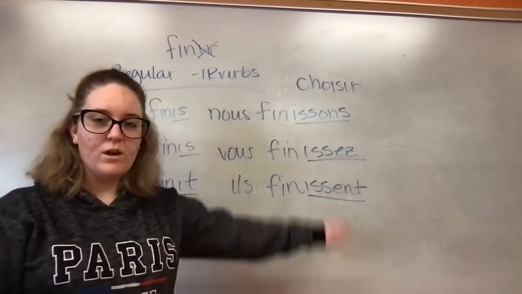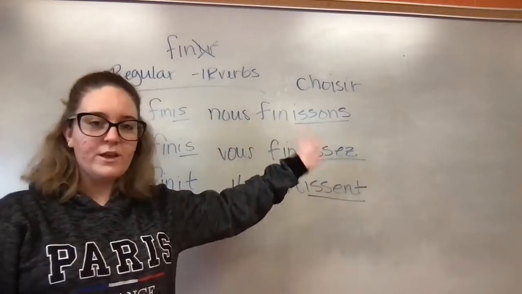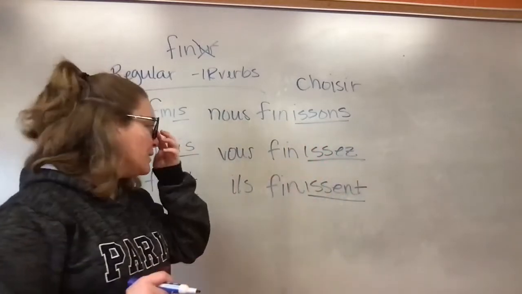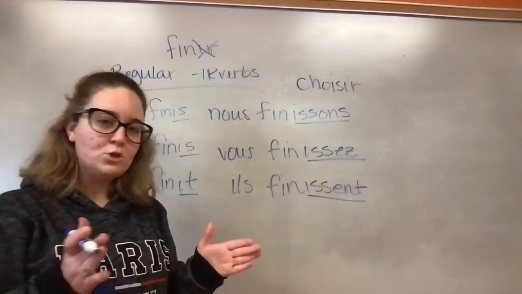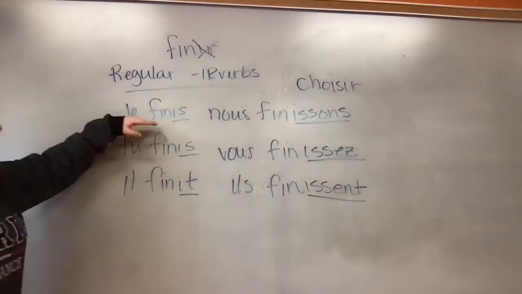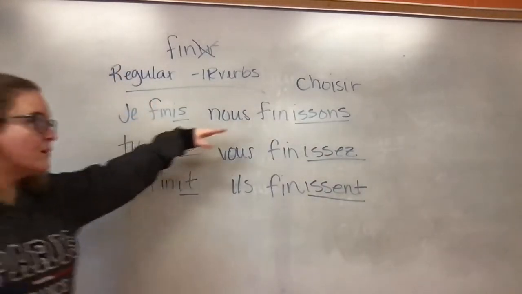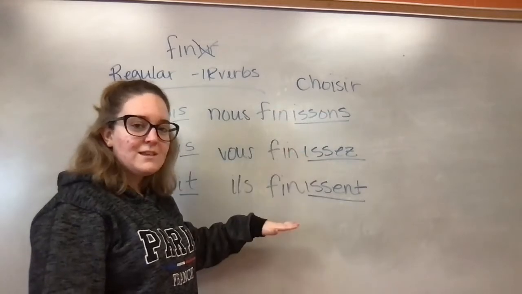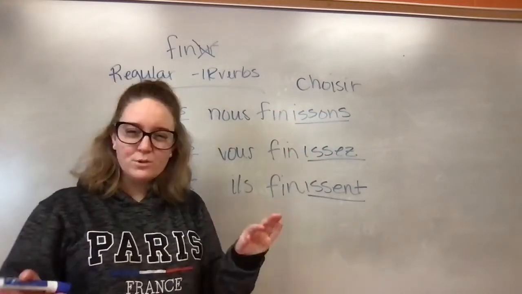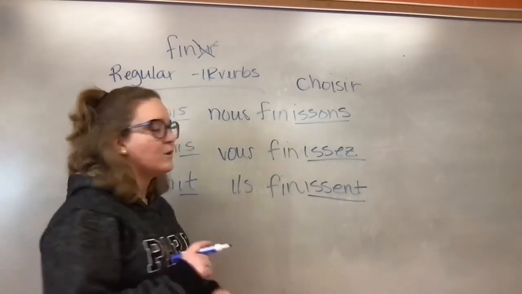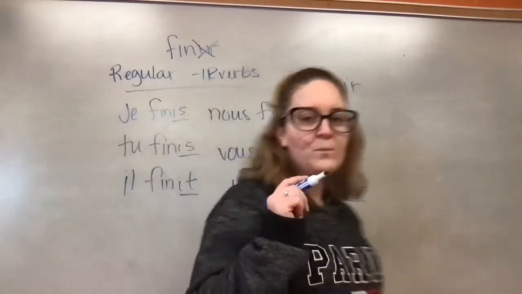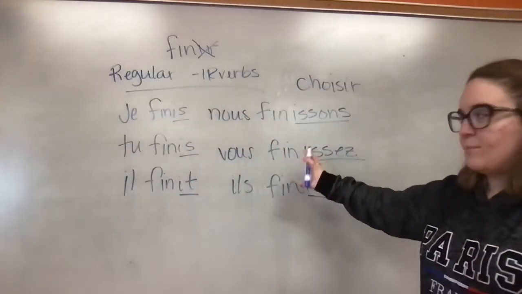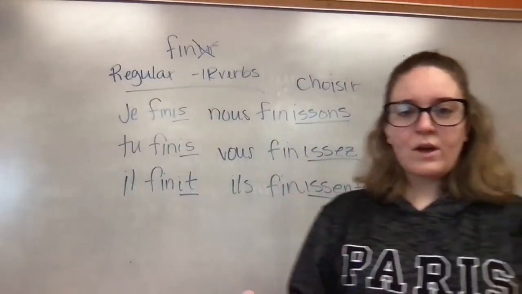You might get somewhere lost in the sauce with all the S's and I's and everything in these verbs. So try to keep everything straight. So we have is, it, issons, issez, issent, and I loosely sang the song that you learned previously with Madame Leduc. All right, so this is just an example of how to conjugate regular IR verbs.